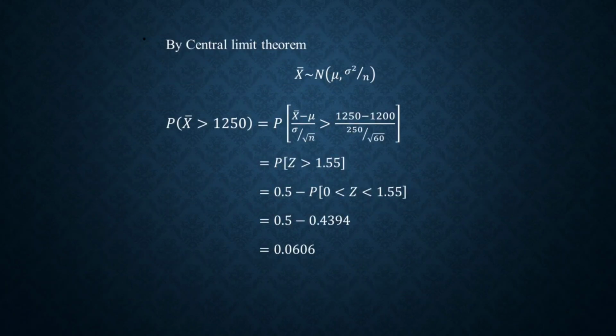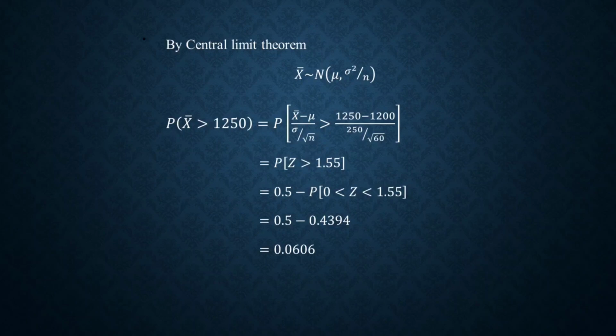Now by central limit theorem, the mean x bar approaches the normal distribution N of mu comma sigma square by n. So we have P of x bar greater than 1250 is equal to P of (x bar minus mu) by (sigma by root n) greater than (1250 minus 1200) by (250 by root 60).